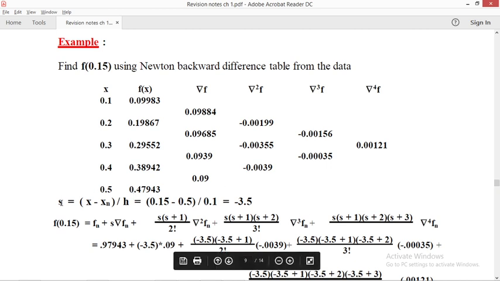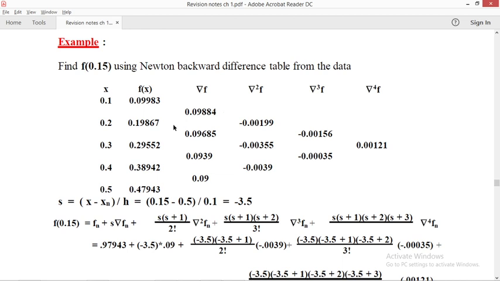The S that we calculate over here is done by using the xn value. In the previous method we used x naught. We are using the same question and we are finding the value of f of 0.15.